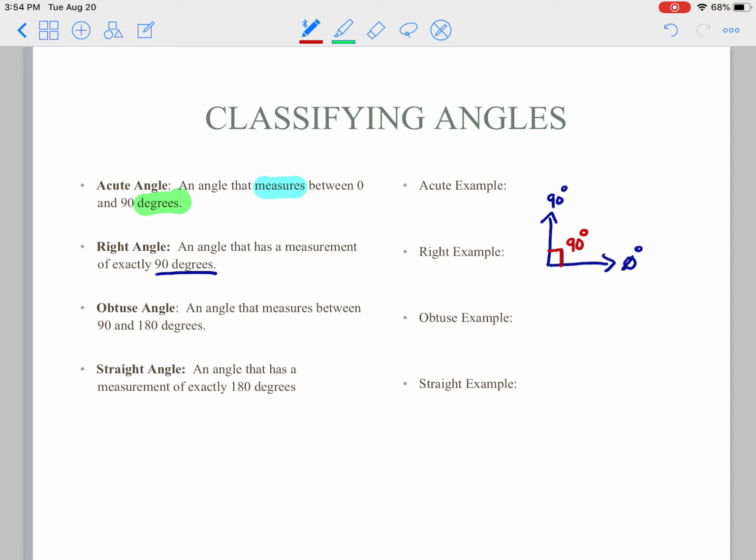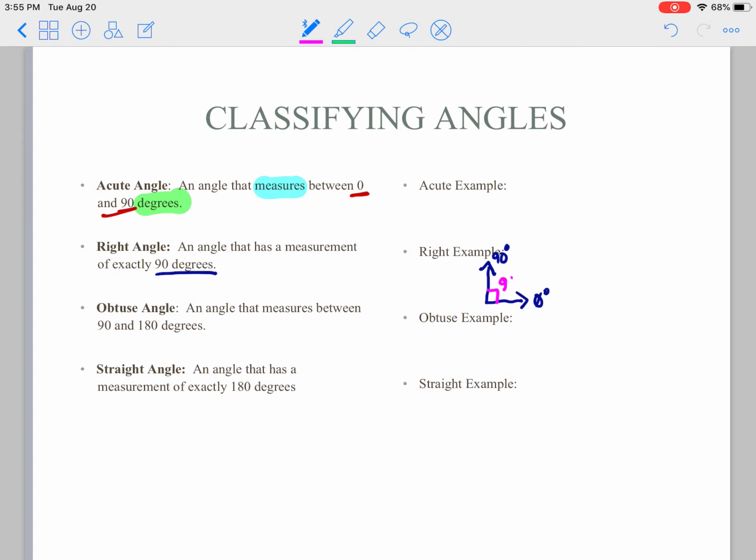Now, if I want to draw an acute angle, what does it say? It says that it is between 0 and 90. So my acute angle has to be smaller. So if I were to draw an acute angle, I would draw something, and I'm actually going to move this. This was 0. This said 90.